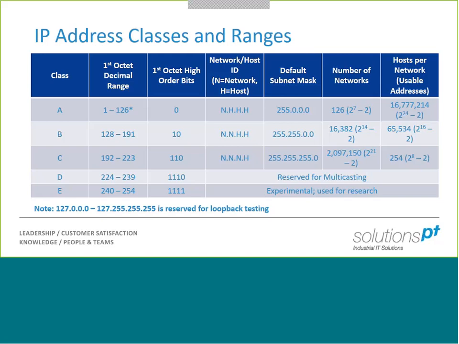You can see in the fifth column the default subnet mask, and if you remember from last week, the subnet mask determines how many devices we have in each subnet. Here we've got a Class A, a Class B, and a Class C range, with Class A having the most hosts allowed per network, Class B second most, and Class C the least.